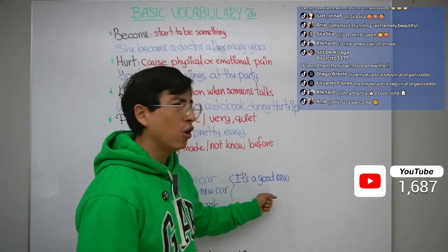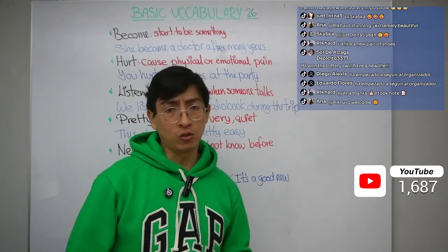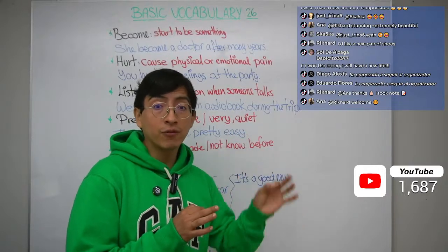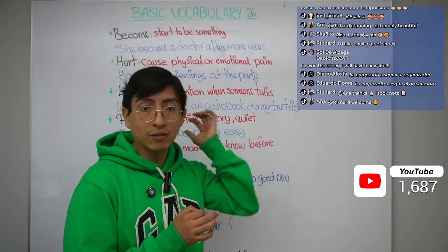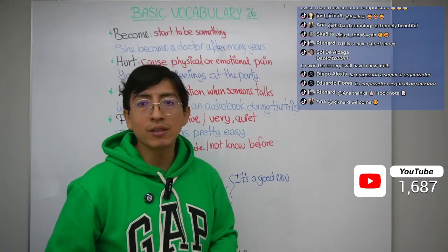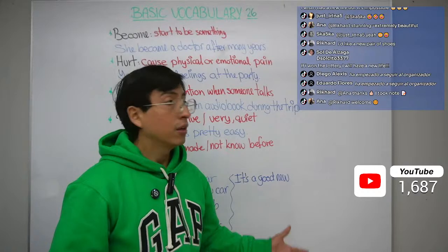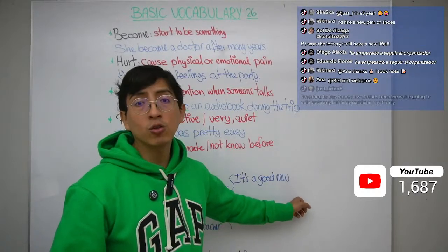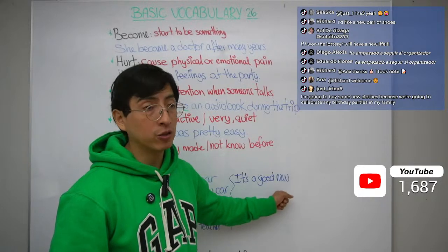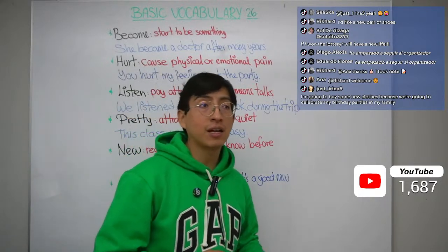And you can say, oh, that's a good news. Okay, now the meaning is a little different. Maybe you can say, hey, I'm going to have a baby next year. Oh, that's a good news. Okay, this is something new. Yeah, that's a good news.